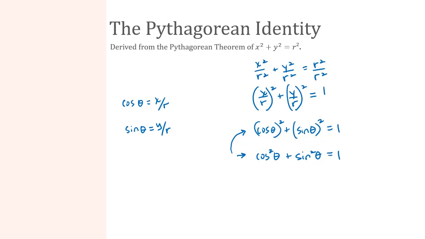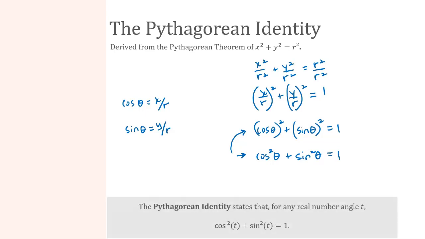Now, that theta is simply a placeholder for an angle input. If we have an angle input of t, then we might say that the Pythagorean identity states that for any real number angle t, the cosine squared of t plus sine squared of t is equal to 1.